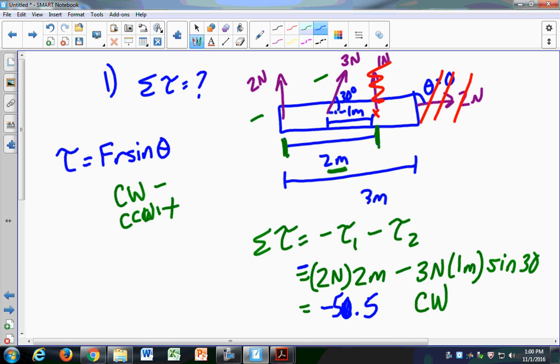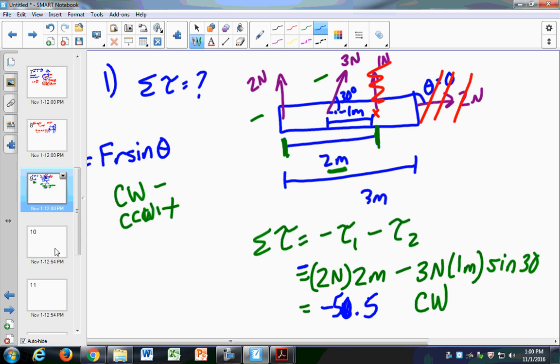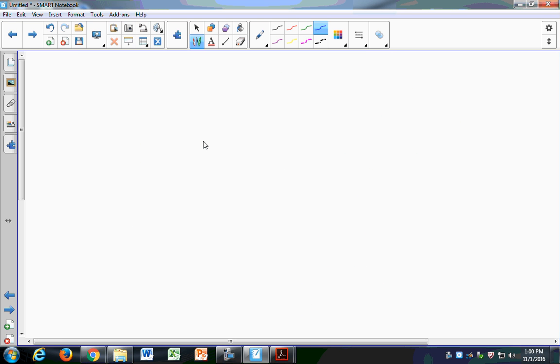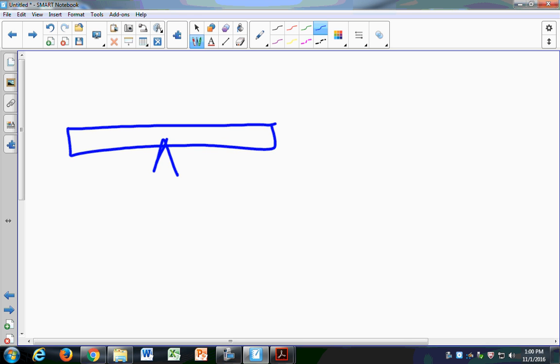Now, that's the first problem. Kevin? R, that part, R is the distance from the axis of rotation to where the force is applied. The second problem, I'll give you a seesaw like this. You'll have some mass over here, say 2 kilograms at 3 meters.